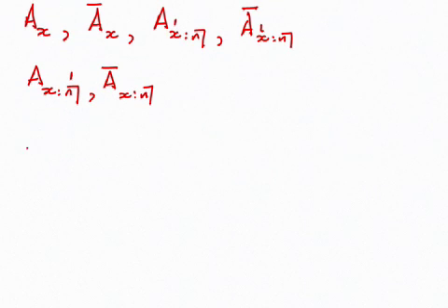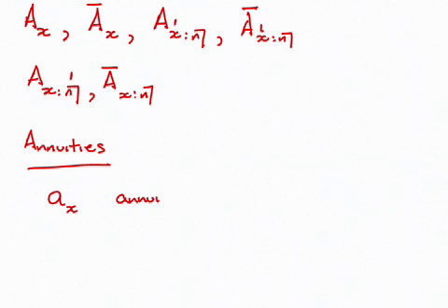If we look at annuities, we have similar sets of contracts. So first of all, we have a normal annuity payable to somebody aged X, payable at the end of each year until that person dies, and that's just written with a small a and a subscript X. And this is an annuity in arrears.